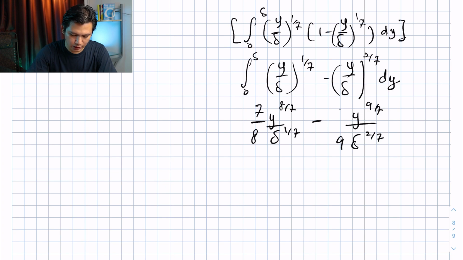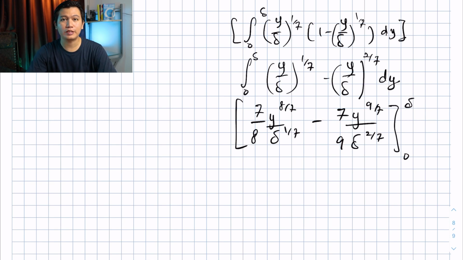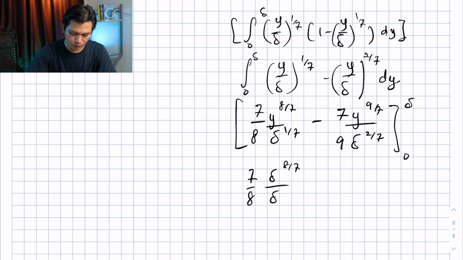It's time to put in del and 0. Of course, when you put in 0, everything goes to 0, so we need to replace with del. So 7 over 8 del to the 8 over 7 over del to the 1 over 7, minus 7 over 9 del to the 9 over 7 over del to the 2 over 7.